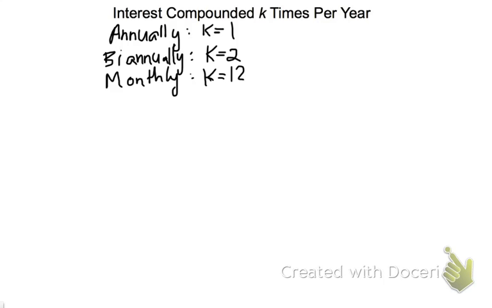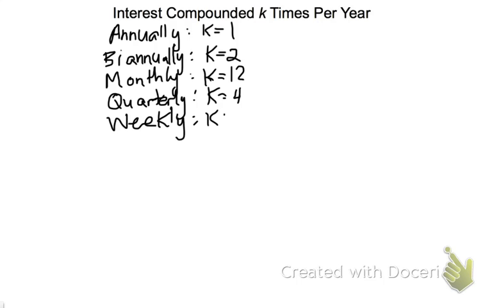I skipped quarterly. You might see quarterly, every quarter, that would be 4 times per year. Weekly, how many weeks are there per year? K would be 52. Daily, typically banks will operate on a 365-day year, so daily would be 365. So those are some examples for k times per year.